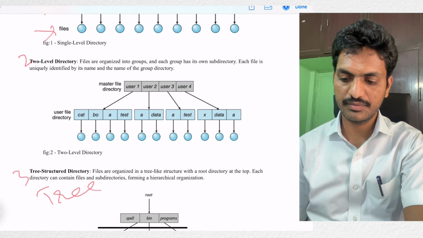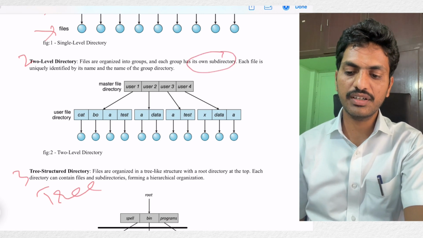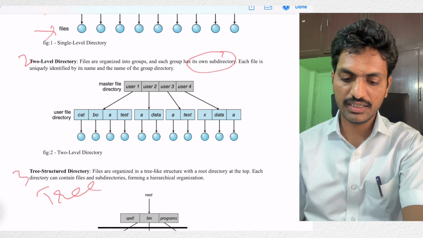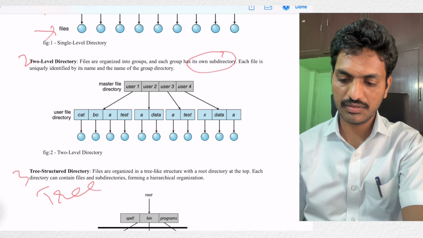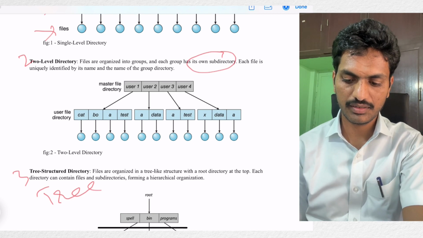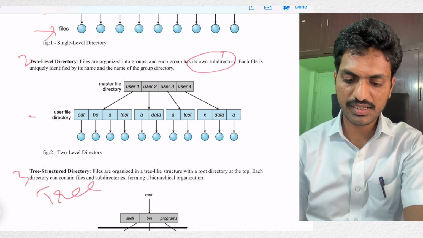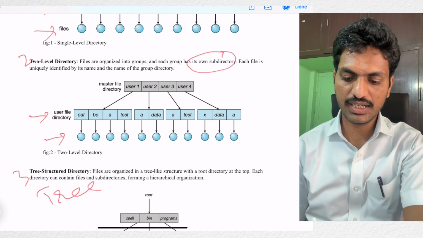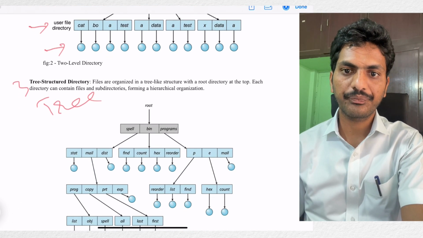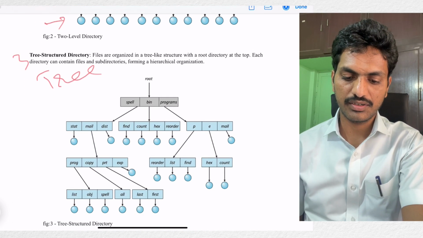Two levels: there are subdirectories in the middle. See, this is the first level and second level. Two levels are there.